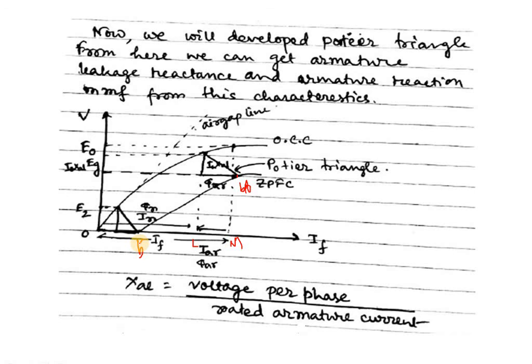This Potier triangle method is very important for calculating voltage regulation. In general, three methods are there, and I have covered all three related to voltage regulation. The first was the EMF method, the second the MMF method, and the third the Potier triangle method.